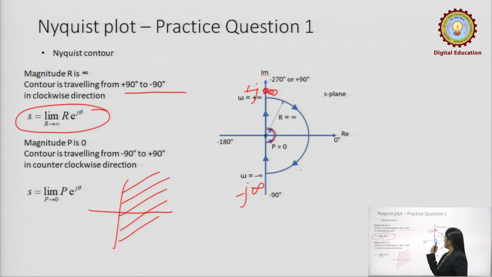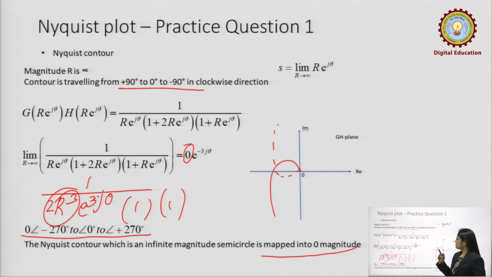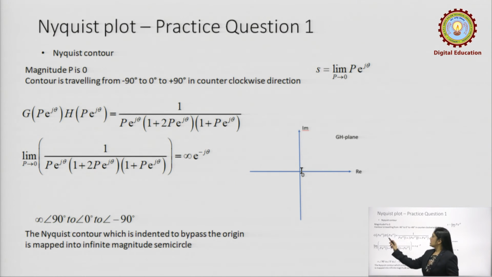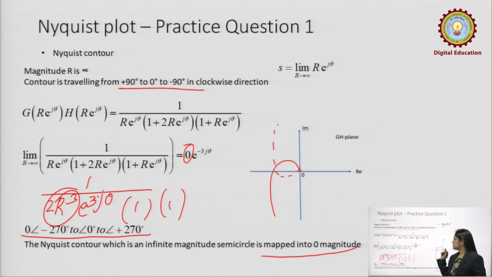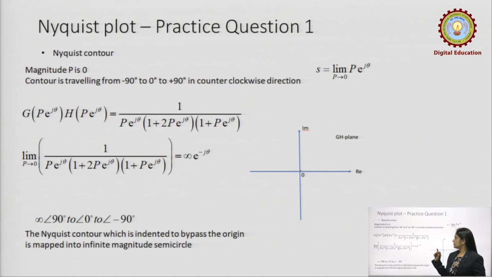Now, we have one pole at the origin. So, this infinitesimal small semicircle is mapped as G(p e raised to j theta). We are just replacing s with this value and putting the limit p tends to 0, because it is a very small, almost 0 radius circle, and we can find that the magnitude is infinite.